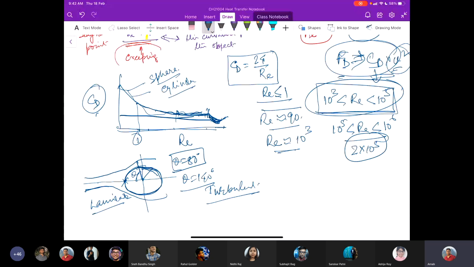That is why, if you remember, you had seen a diagram. Tell me the name of the diagram where you encountered several lines for surface roughness. Moody diagram.